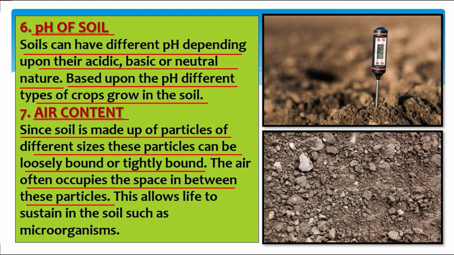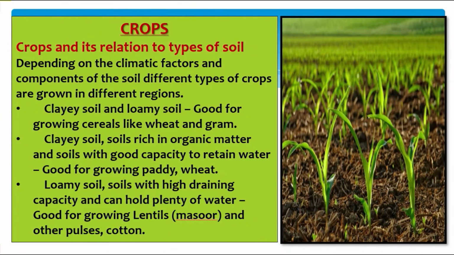And students, the air between these particles allows life to sustain in the soil, such as microorganisms. Now students, the next topic of this chapter is crops and their relation to different types of soil.